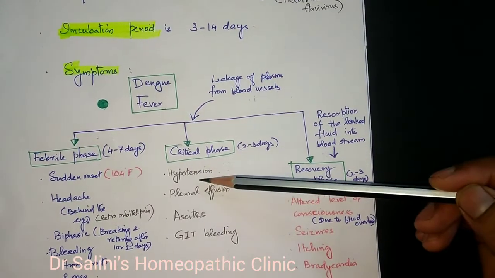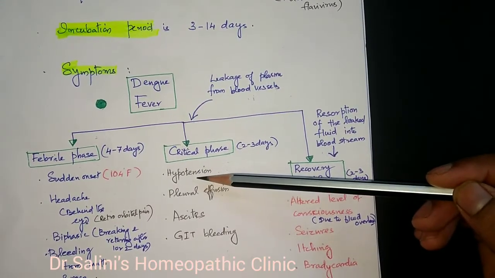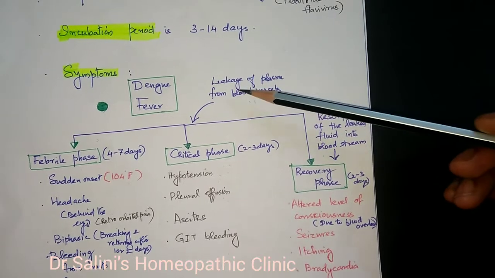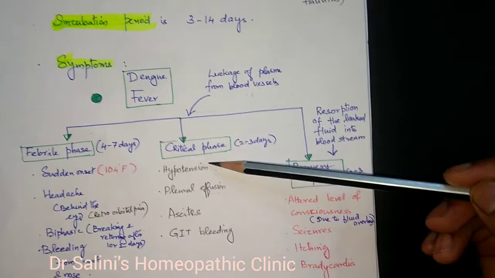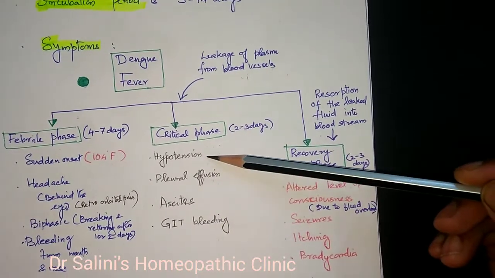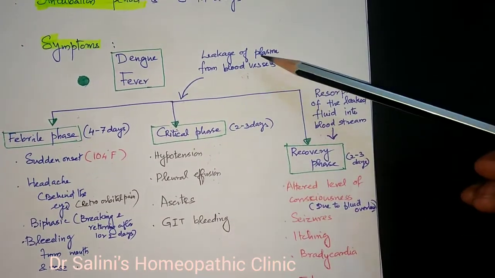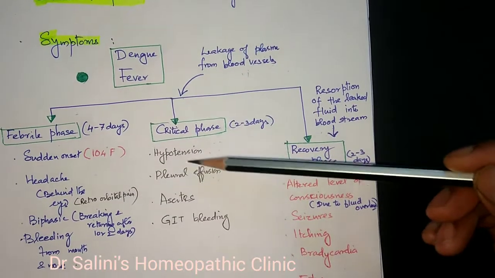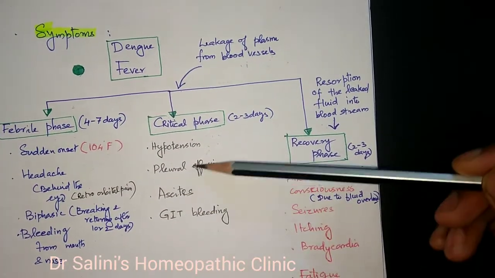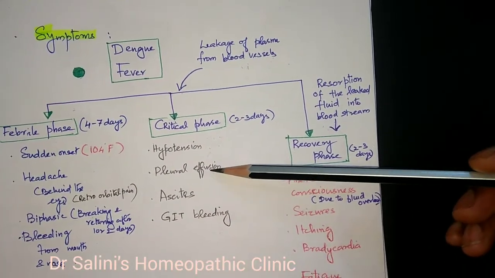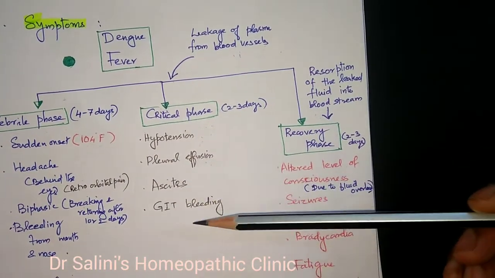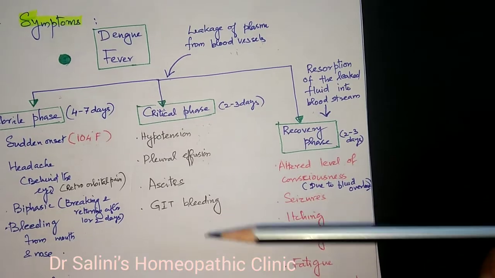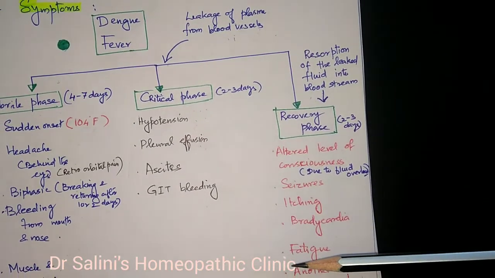But the chain of events is, when the plasma gets leaked from the blood vessels, the pressure will of course fall, thereby leading to hypotension. Leaked plasma will go into the cavities. Pleural effusion, if it is going inside the pleura, ascites, and in the gastrointestinal tract, bleeding can be seen.